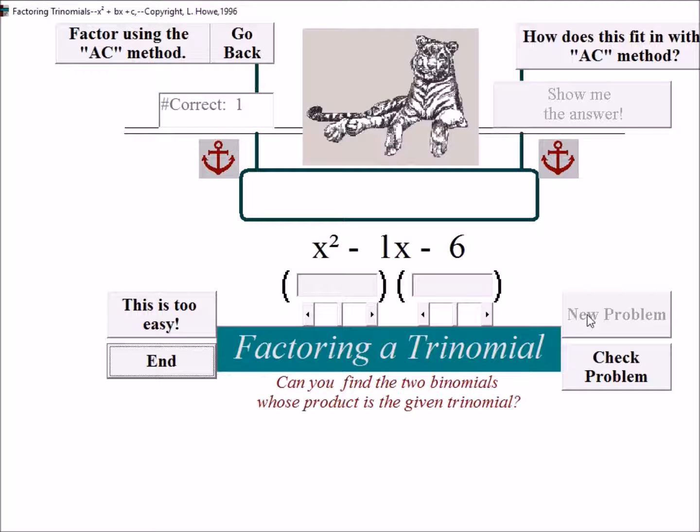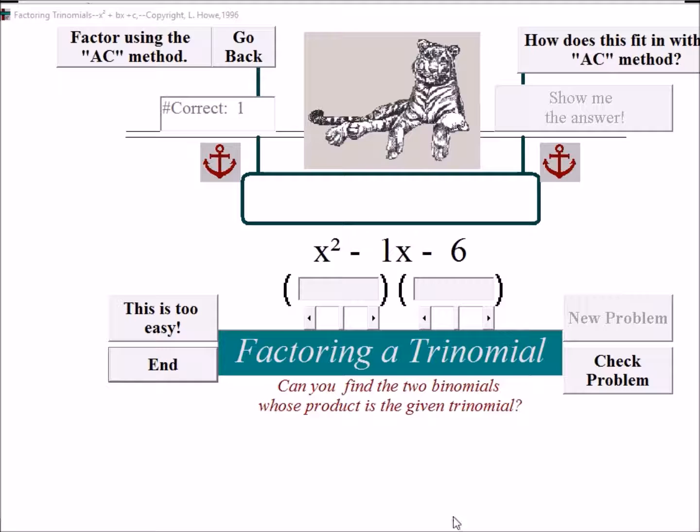Oh, couldn't get easier. This time we are after, I hate to even insult you by reading it, two numbers whose product is 6. What is that? 3 times 2 and 6 times 1, and whose difference is 1. Only the difference between 3 and 2 is 1, so it's got to be 3 and 2.